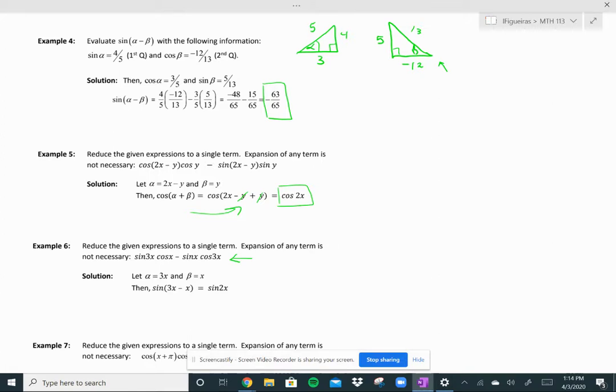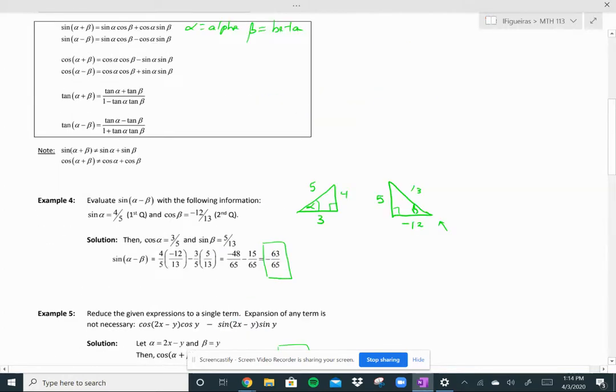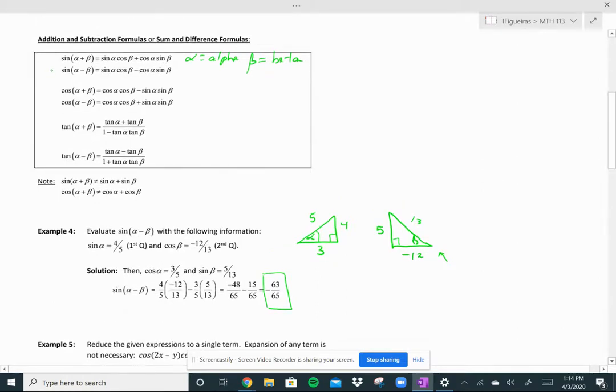So I have sine and cosine being multiplied with different angles, and then I'm subtracting sine and cosine with the angles flipped. So the formula that looks most like that is the second formula here, because the right side has sine and cosine minus cosine and sine, which is pretty much what we have below.